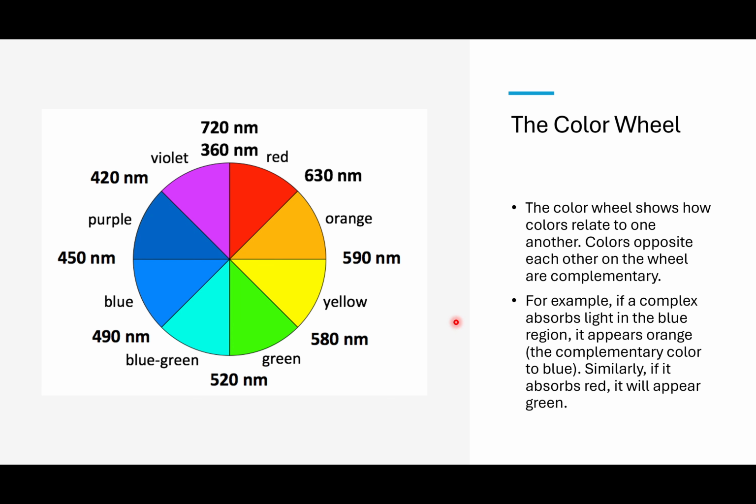So if we have a compound that absorbs red, it will produce cyan, that light bluish color, similar to some cobalt compounds. If we absorb violet or purple light, we're going to produce a green color, such as nickel chloride, which is green.